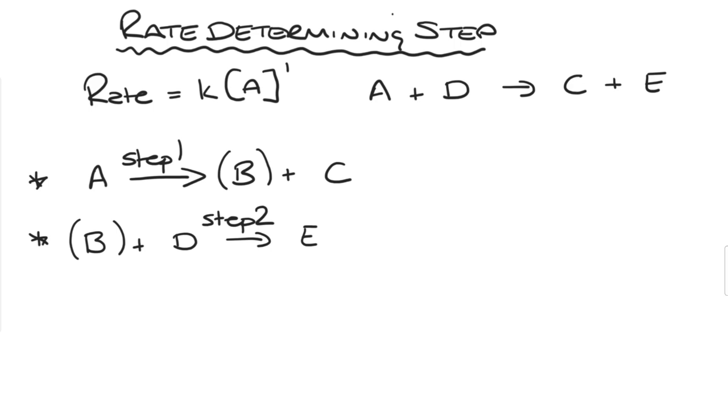This is where the rate equation comes in. The rate equation and the orders of reaction directly correspond to the number of molecules involved in the slowest step of the reaction.